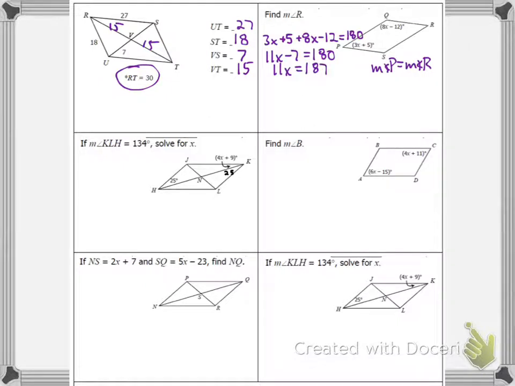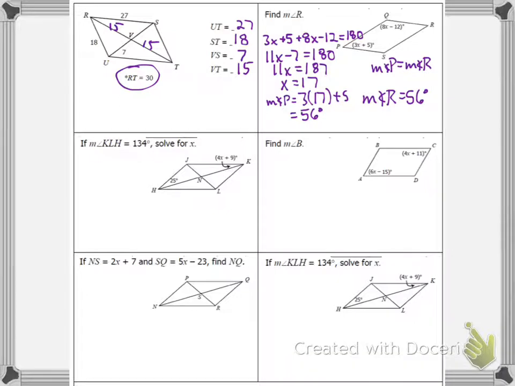If I do 187 divided by 11, we get 17. So now I need to find the measure of angle R, or angle P. So the measure of angle P is 3 times 17 plus 5, and that comes out to be 56 degrees. So that means the measure of angle R is also 56 degrees.